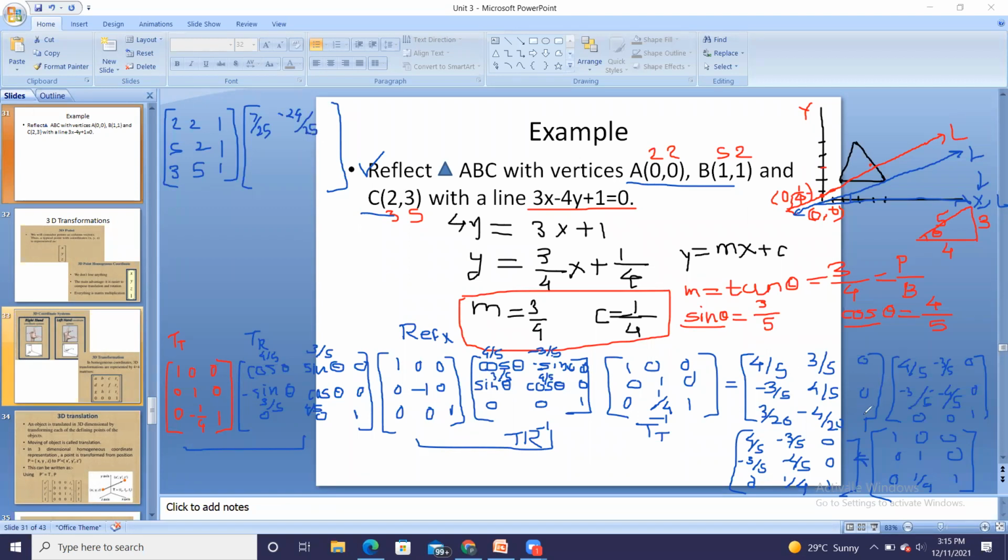And this plus first row and third column, it's 0. Now the second row and first column, minus 12 by 25, again minus 12 by 25, and 0. So here it is minus 24 by 25. Minus 24 by 25.